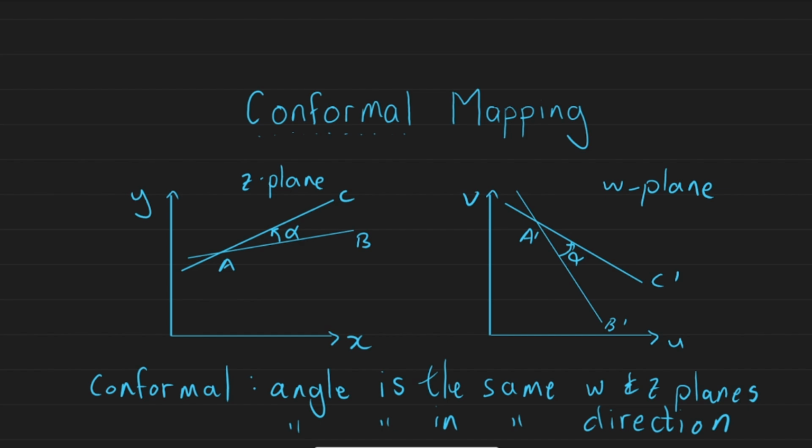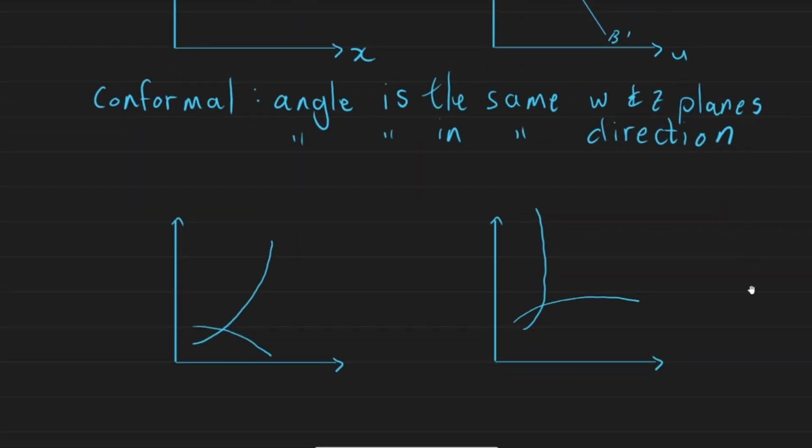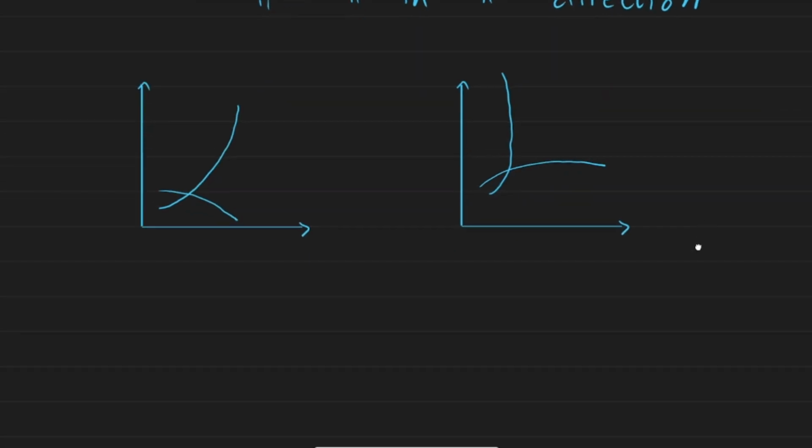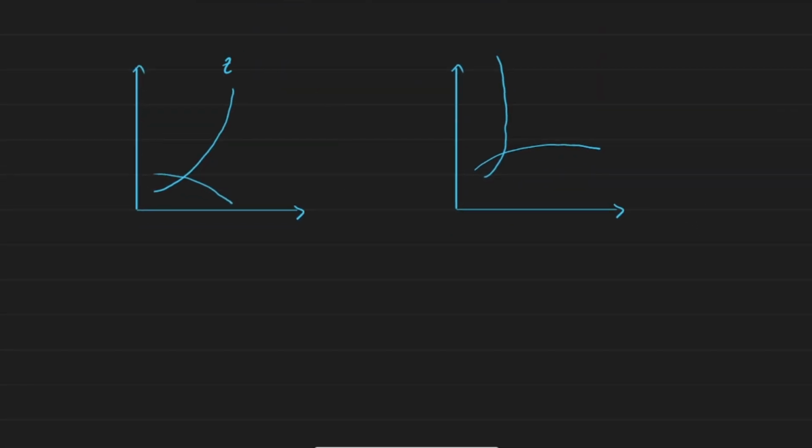So if we want to now extend this to curves, you can see again we have our Z plane with X and Y, and our W plane with U and V. What we need to check are the tangents.